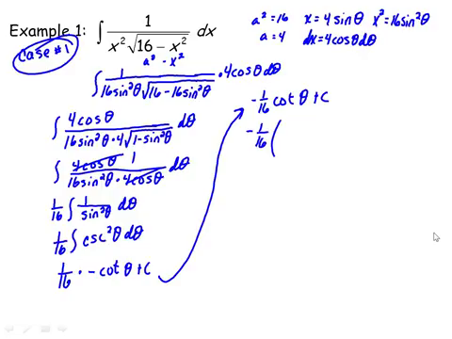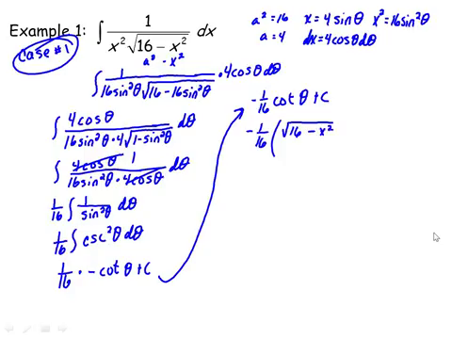Cotangent theta, I'm going to substitute in the square root of a squared. What is a squared? 16, minus x squared. For this x squared, am I going to use 16 sine squared theta, or am I going to use x squared? x squared.